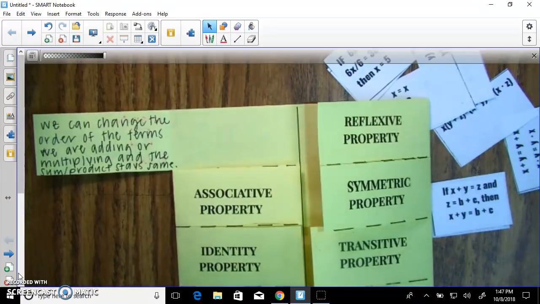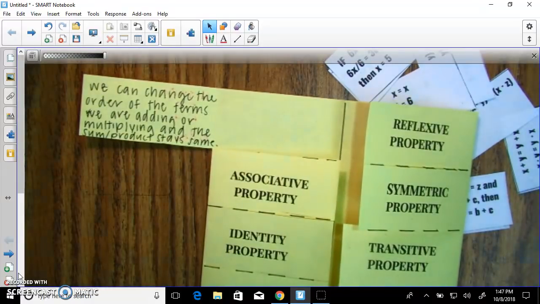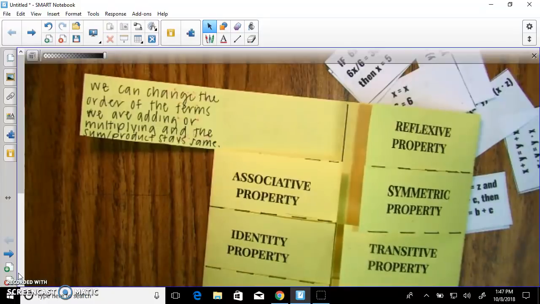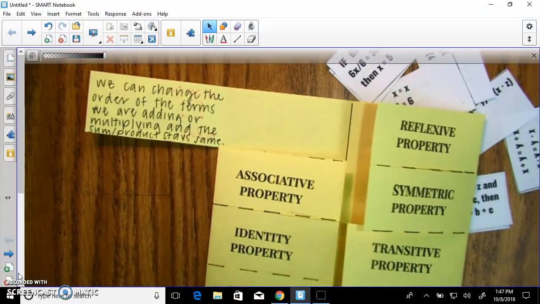Okay. We can change the order of the terms we're adding or multiplying, and the sum or the product stays the same. So we're either adding or multiplying, we're not subtracting or dividing anything.